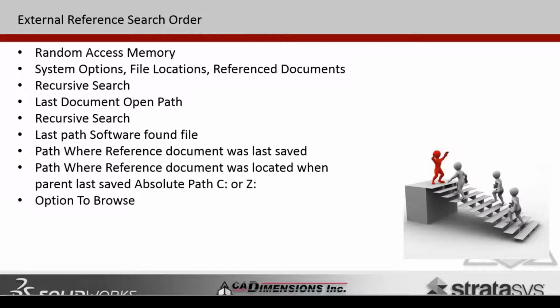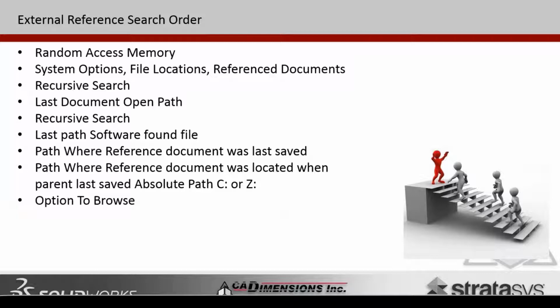Almost certainly, if you're making copies of files, it's going to find the wrong file. And when it finds the wrong file, the file ID can be different, the face IDs can be different, therefore blowing up your mates and blowing up your assemblies. Very, very easy to do anytime you make copies.